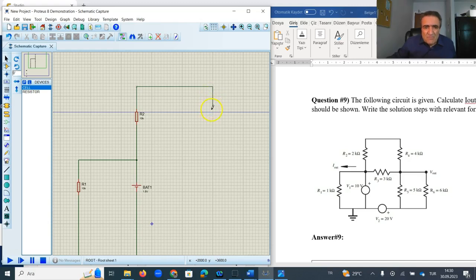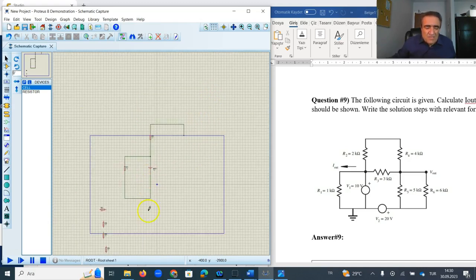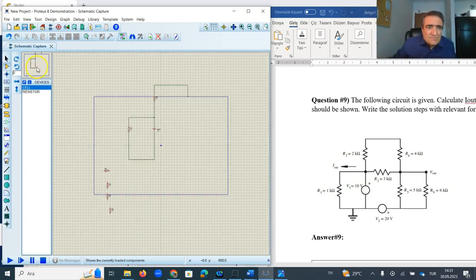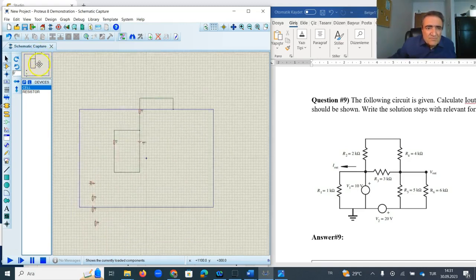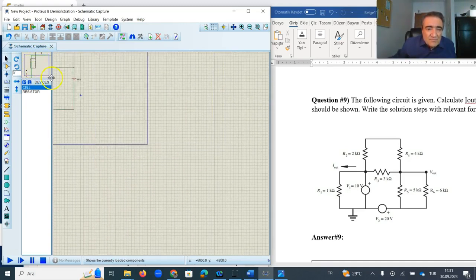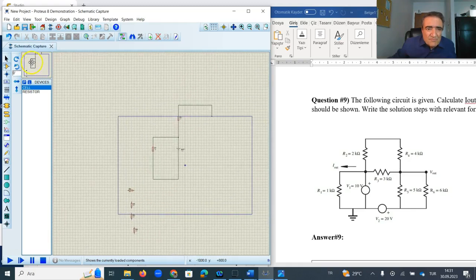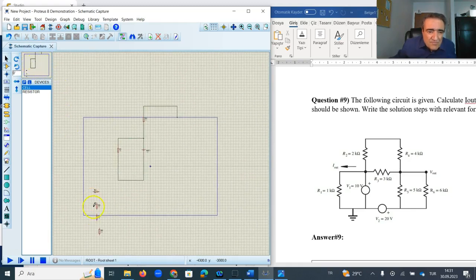and so, and here I need R4. There is R4.